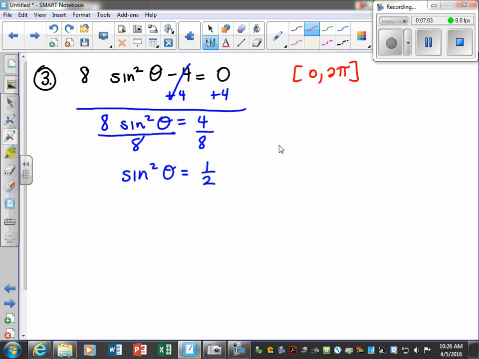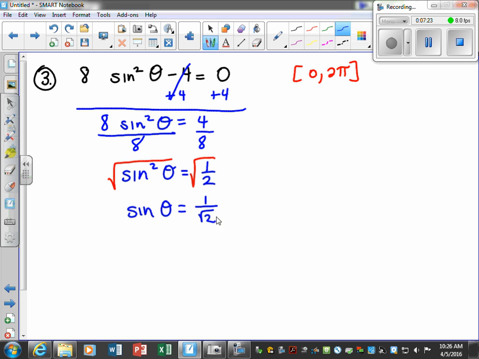Once again, we're going to undo a square term by taking the square root of both sides. That will give us sine of theta is equal to, what's the square root of 1? Just 1, and then square root of 2 doesn't simplify, but let's go ahead and rationalize that.